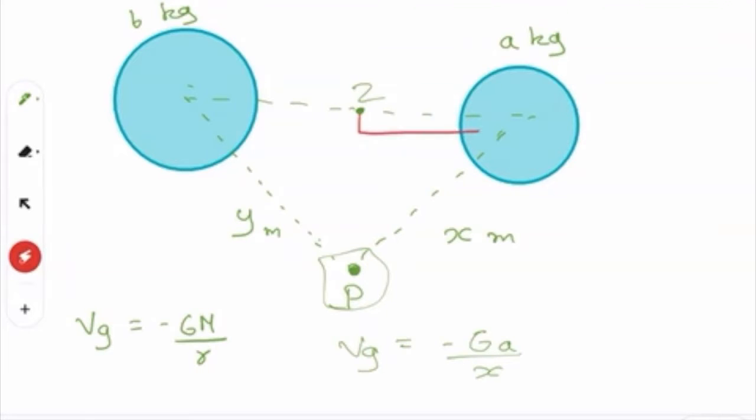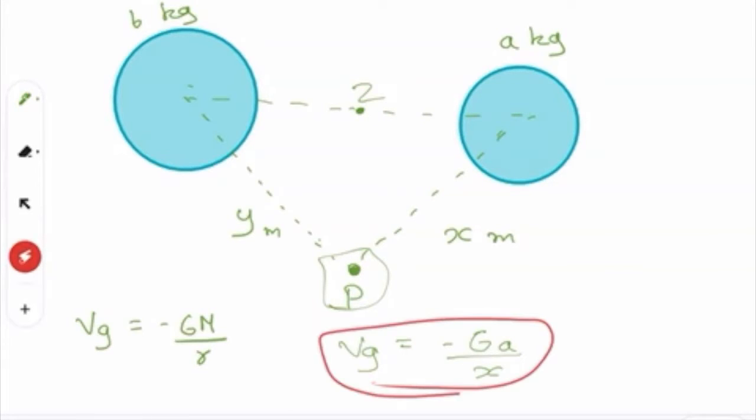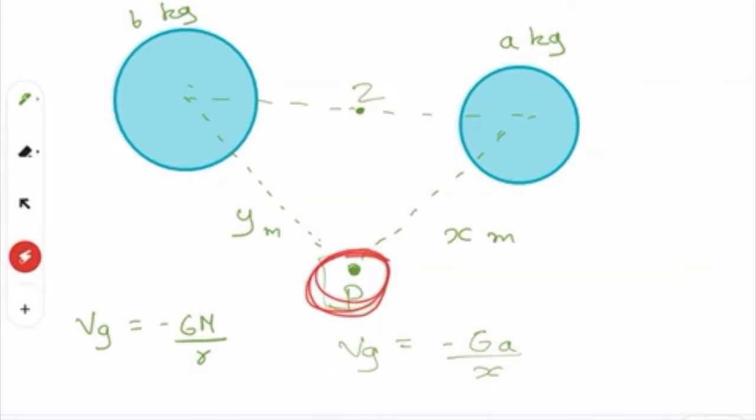You'd find the distance between point C and each of the masses, and then use this formula in the same way that we just used it to calculate the gravitational potential at point P. So again, if I were to take mass B, then for point C, let's assume this distance is about, say, c.